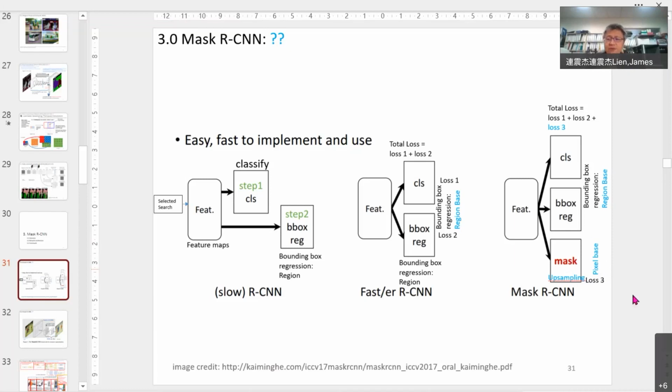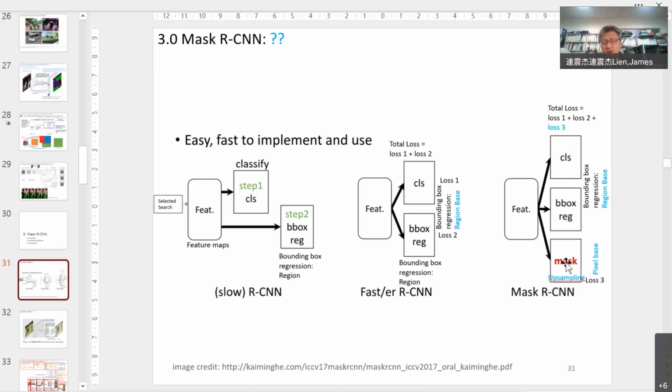The other difference is that for the bounding box, you don't need to do upsampling. Upsampling is better, because if you do upsampling the accuracy will be higher, since it's in pixels. But bounding box is rough, so sometimes people do not do upsampling. But for the mask, because it is pixel-wise, you need to do upsampling.